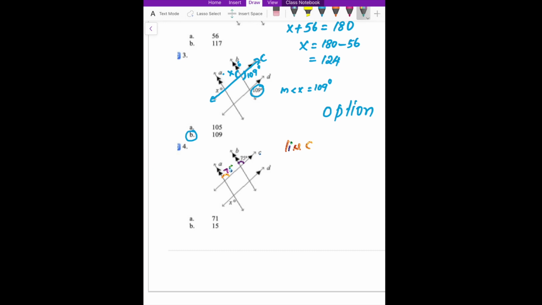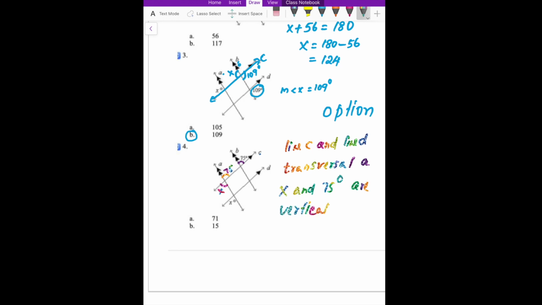If I take line C and line D and transversal A, so that means X is on the left side of A and below D. So you should take one on the left side of A and below C. So this is X. Now can you see X and 75 degrees are vertical angles.